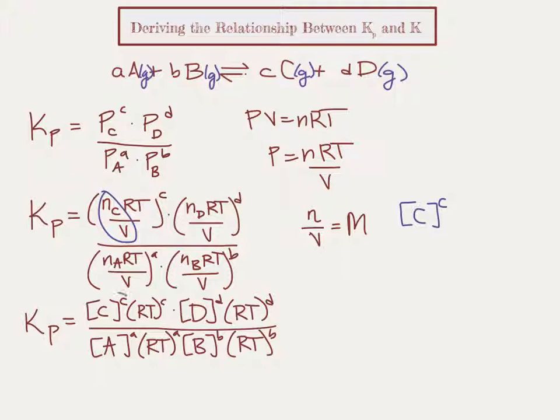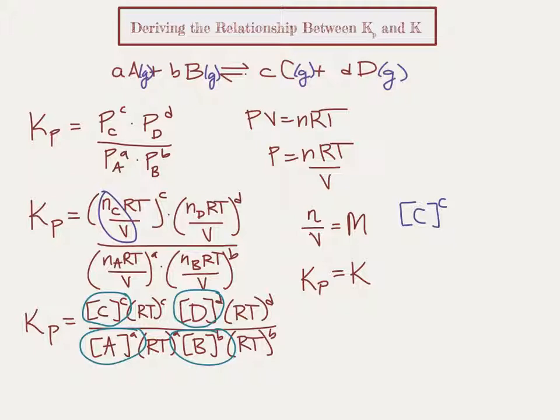If you notice, we have products in concentration form over reactants in concentration form. Now I can totally substitute regular K in, because that's what those things are equal to. So let's bring it down just a little bit more. We have a K value now, substituting in for the [C] times [D] over [A] times [B].